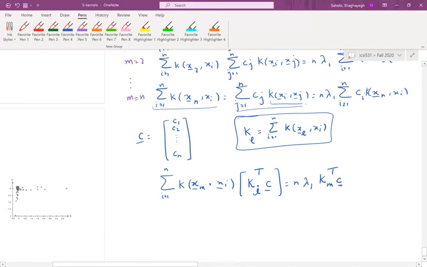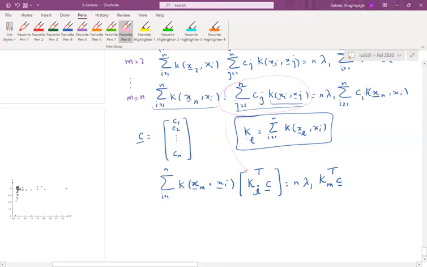Okay, how? So here we have a summation over all the j's, k of specific xi with xj, right? So that's going to be equal to k sub i for me, right?